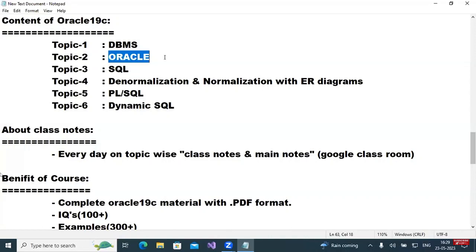Then we will go to how to create an Oracle server account. Because when you want to interact with your database server, it's not that anybody can come and interact. Before you communicate with your database server, we require a user ID and password.